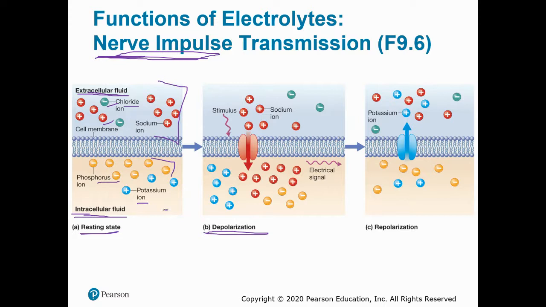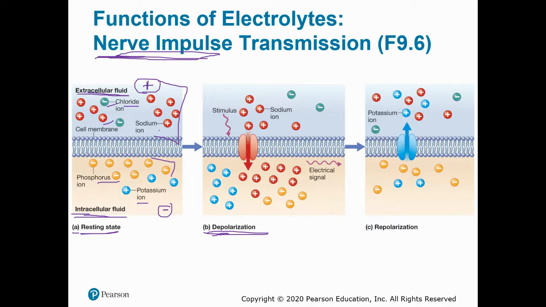So it's actually a more negative environment inside the cell, and a more positive environment outside the cell. So as we depolarize, we could say that in image A, at the resting state, this is a very polar environment, because these are polar opposites, positive and negative. So in depolarization, we become less polar.